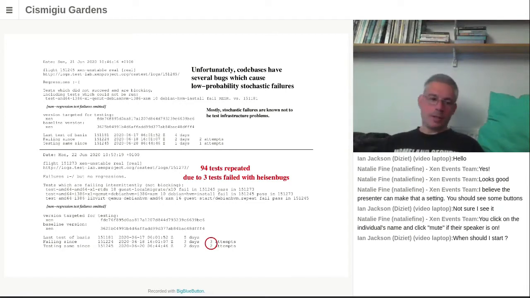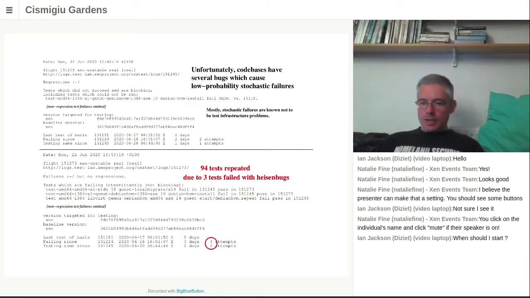And a regression is a test failure that we didn't have in the baseline, which is whatever current master is. You can have quite low probability failures which then come through and they get into the tree.